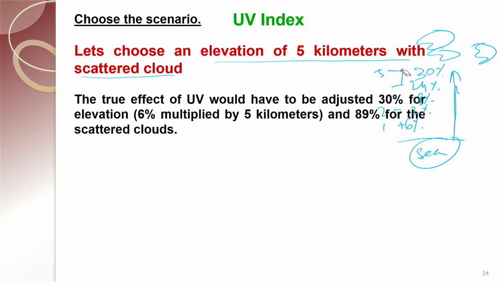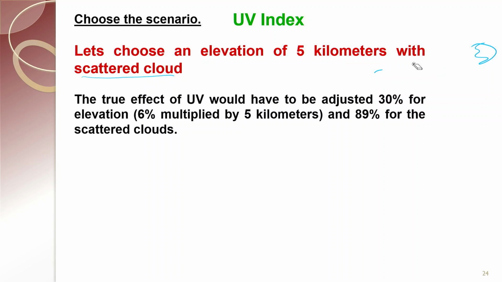So, effectively what will happen? As we know, there will be a 30% increase in the UV ray as compared to the sea level or ground level. And as there is a scattered cloud, 89% of the ray will penetrate.